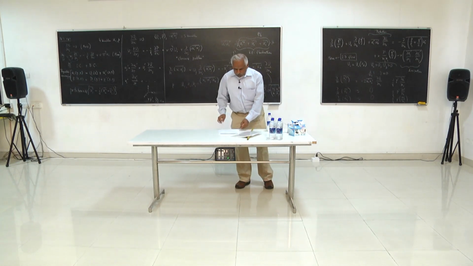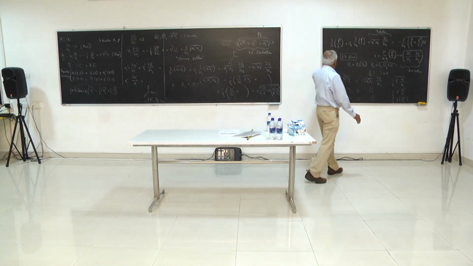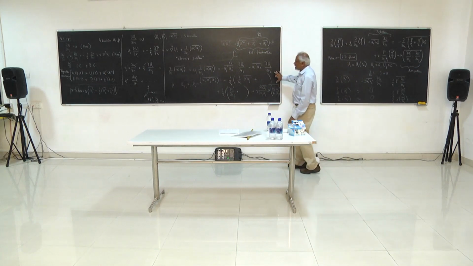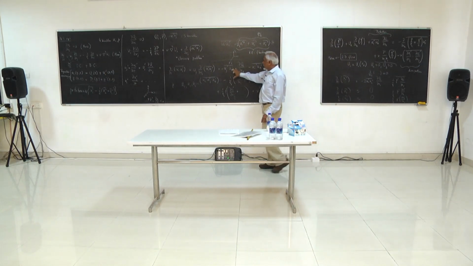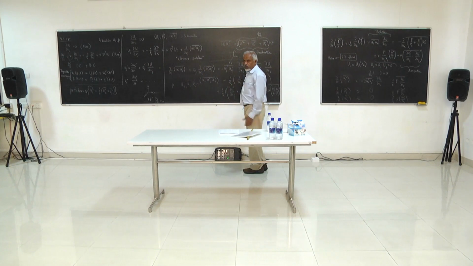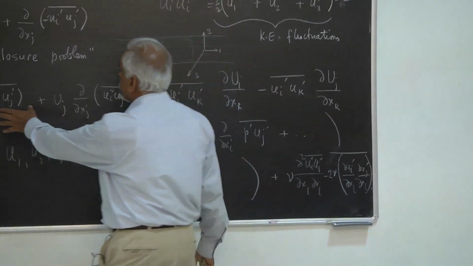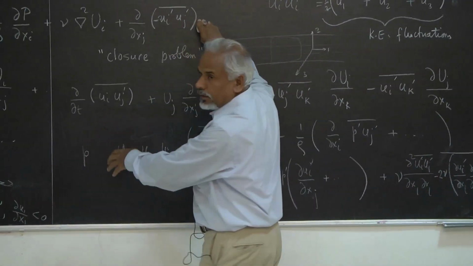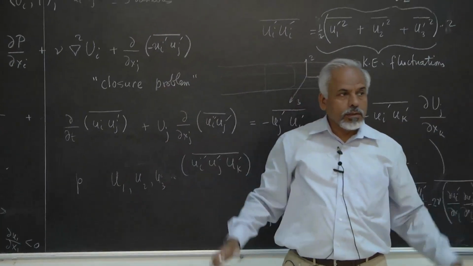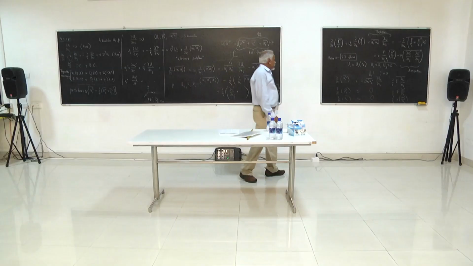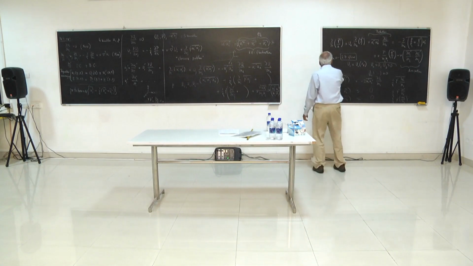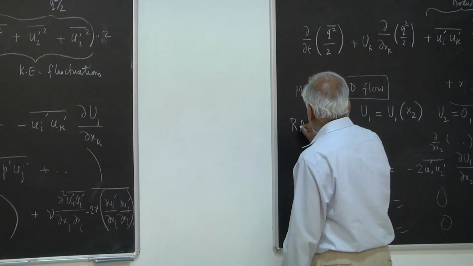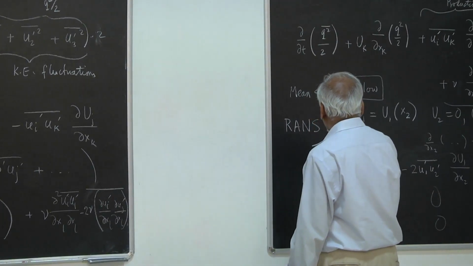So this business of taking this equation, and modeling each of these terms in a certain way in order to solve for this, and then putting it back in and solving the whole thing so you can get the mean velocity, is known as Reynolds averaged Navier-Stokes equation modeling.